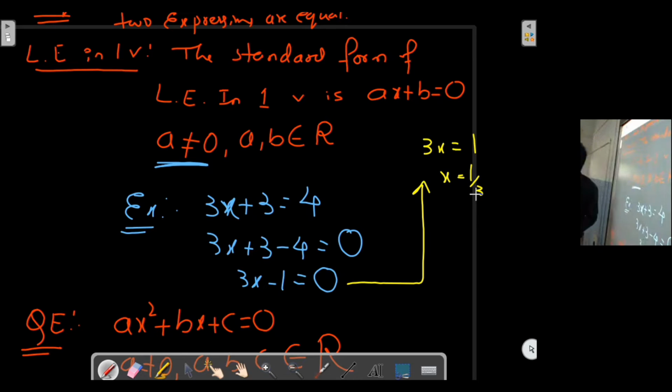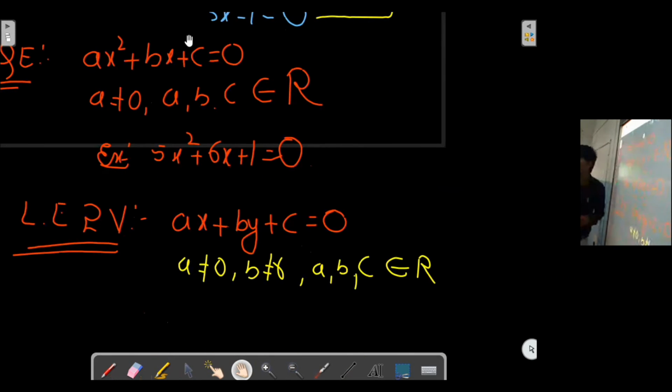Only one answer is possible here. Yes or no? Except this answer, is there another answer for this question? No. So for this linear equation in one variable, how many solutions exist? Only one solution. Understood?